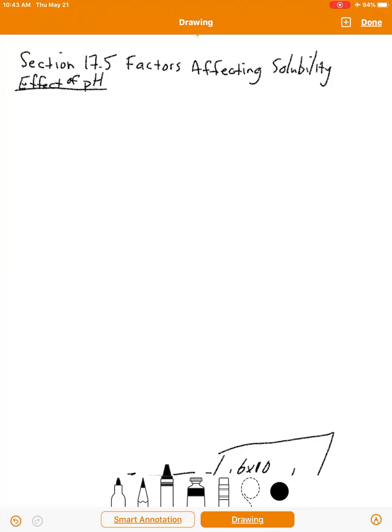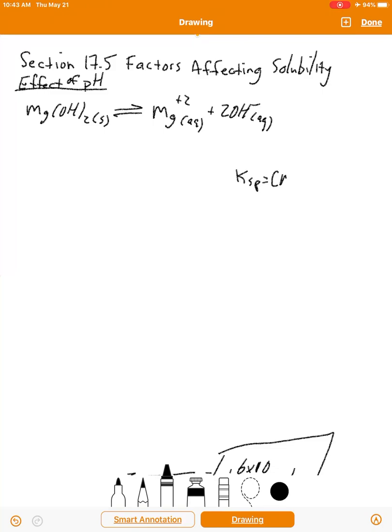Okay. Now, on the effect of pH, we're going to use magnesium hydroxide as an example. Magnesium hydroxide is the active ingredient in milk of magnesia. Isn't that interesting? So let's write down some KSP information. KSP would be the concentration of magnesium times the concentration of hydroxide squared.